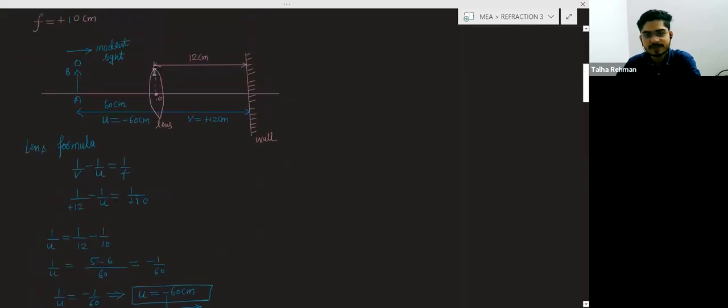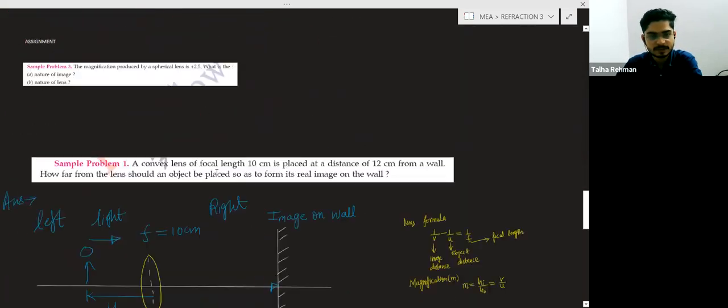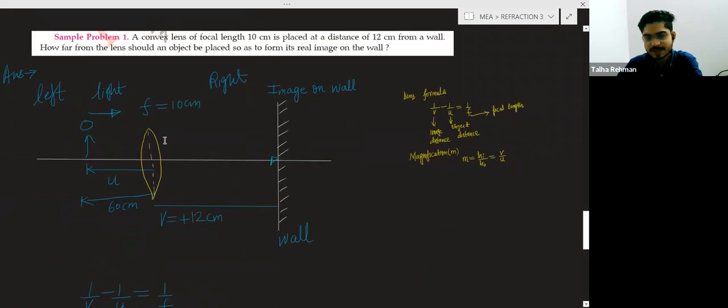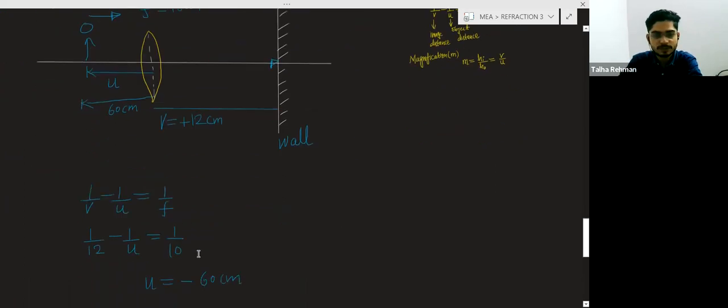Suppose here is a convex lens given like this. In the question it is given that the image is forming on this side at a distance of 12 centimeter. Then also you will take this as plus 12. You have to decide the direction with respect to the direction of the light. Just note it down.